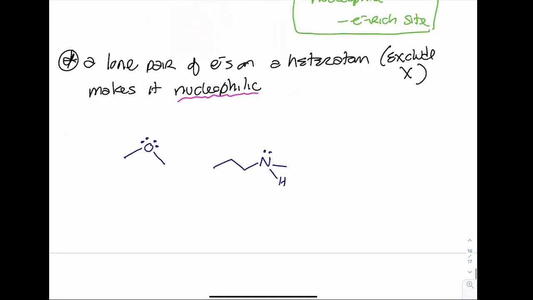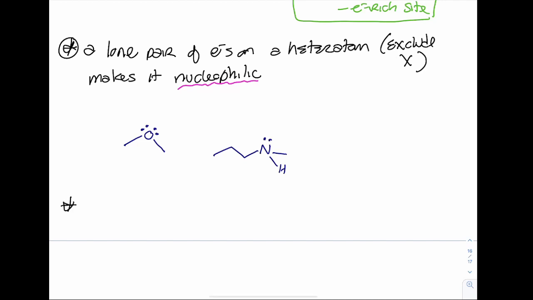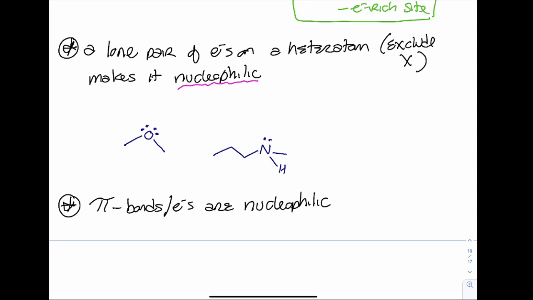Another trend we can see is pi electrons. Pi electrons are the electrons in pi bonds, and they are nucleophilic. Nucleophiles are electron-rich sites, and we already know from resonance that lone pairs and pi electrons are good electron sources.